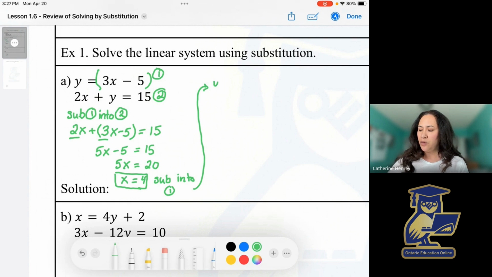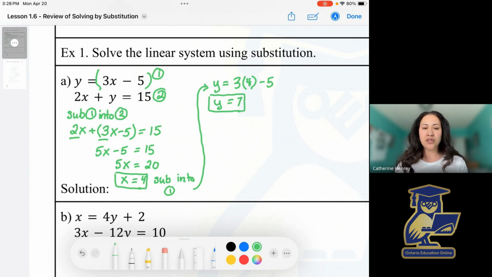And number 1 was y equals 3x minus 5. And since I've solved for x, I'm going to keep the 3. I'm going to use brackets and substitute the value of x. Minus 5. Simplifying here, 3 times 4 is 12, minus 5, y equals 7.